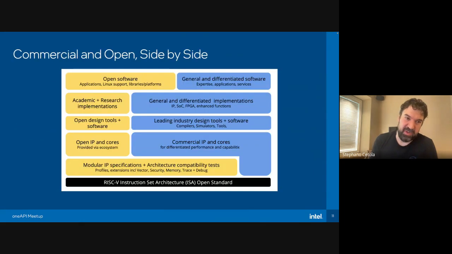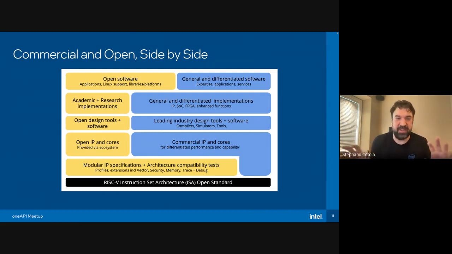This is a slide I use pretty regularly for folks who aren't familiar with open source. I think most of the people on this call are. But the concept here is I often have to highlight, especially for startups, but even for large organizations, how are we going to use RISC-V in a corporate or a commercial endeavor?